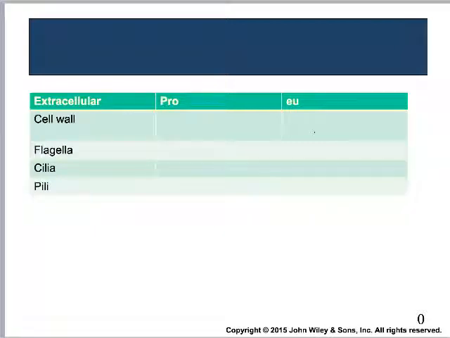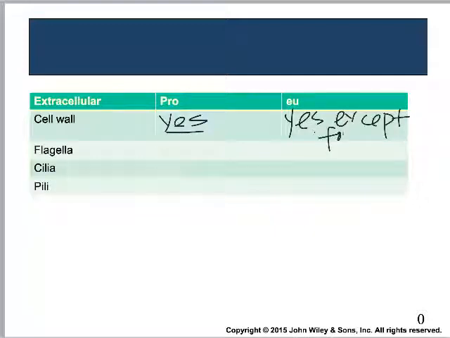Now, cell walls. Prokaryotes do have cell walls, and that's what makes them distinct. Most eukaryotes do have a cell wall, except for mammal cells, and we don't have them. Flagella, yes.